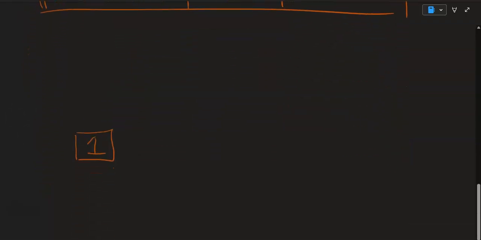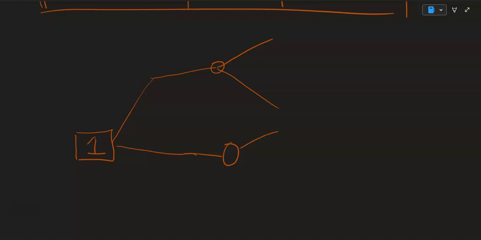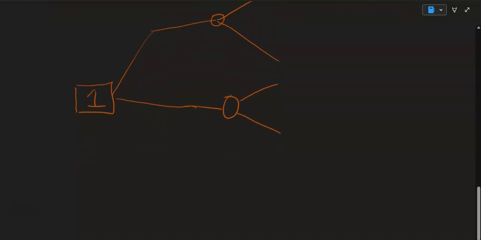Here's the first one. So you have that and that. I can put a chance node there, then a second one, a chance node, then a third one also.